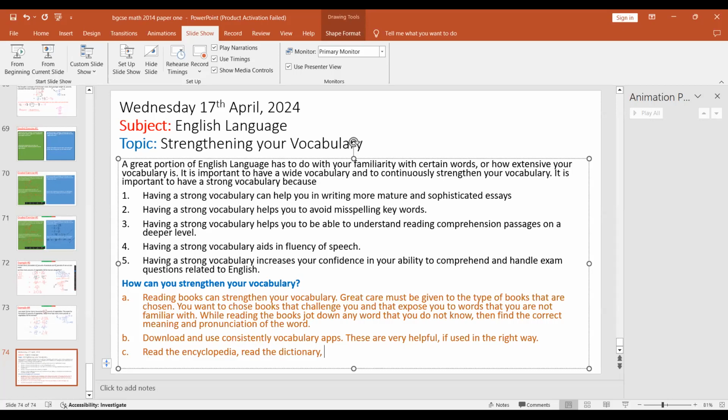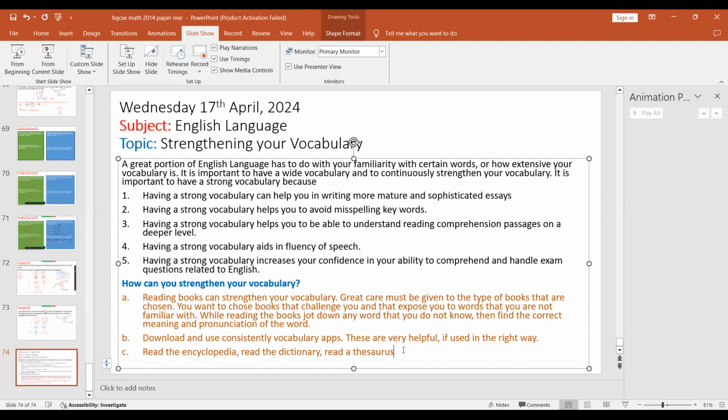And then you can also read a thesaurus, right? Anyone know what a thesaurus is? It's kind of like a dictionary, but what it does is that it gives you similar words. The thesaurus is very good because it gives you similar words.